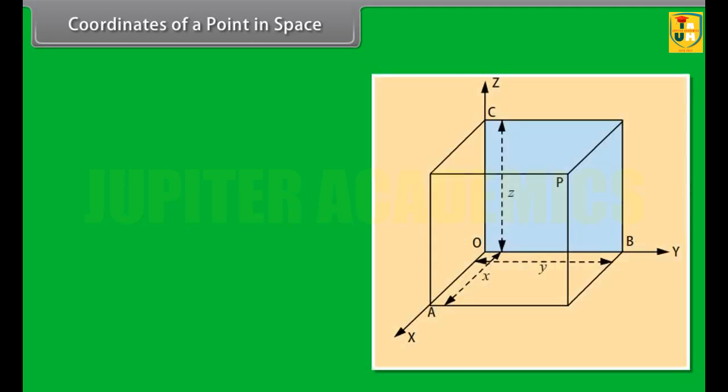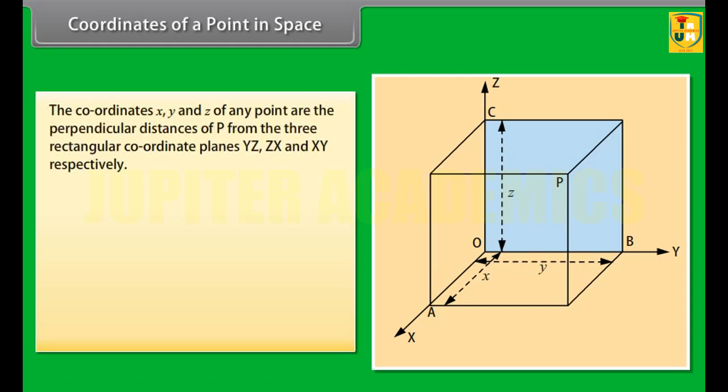Again, if we complete a rectangular parallelepiped through P with its three edges OA, OB, and OC, meeting each other at O and OP as its main diagonal, then the lengths OA, OB, OC, that is, x, y, z, are called the coordinates of the point P. The coordinates x, y, and z of any point are the perpendicular distances of P from the three rectangular coordinate planes YZ, ZX, and XY respectively.